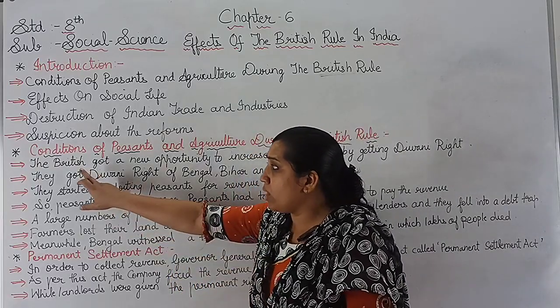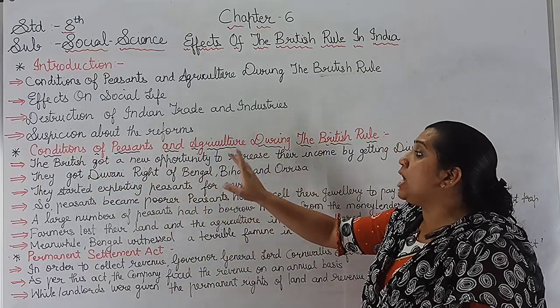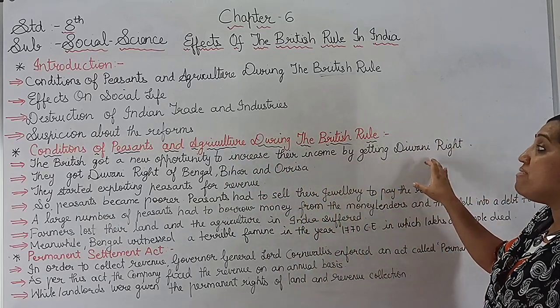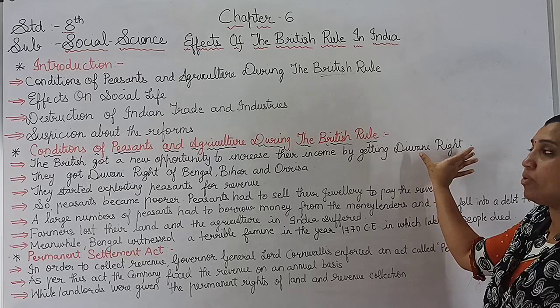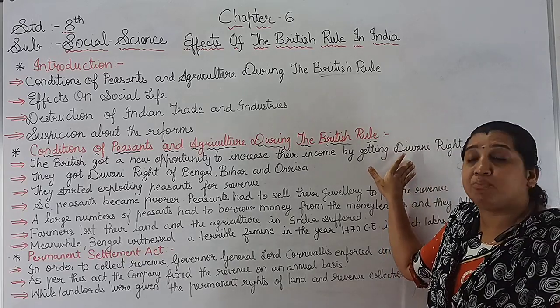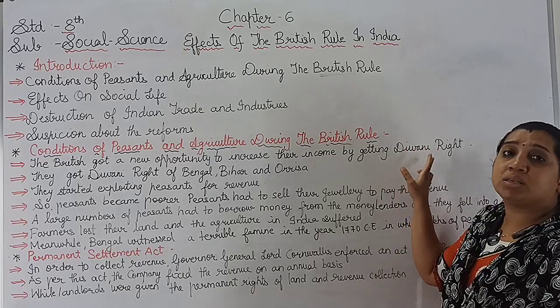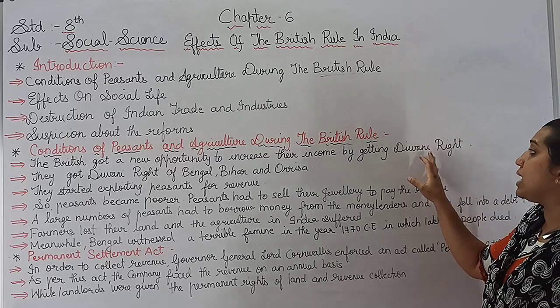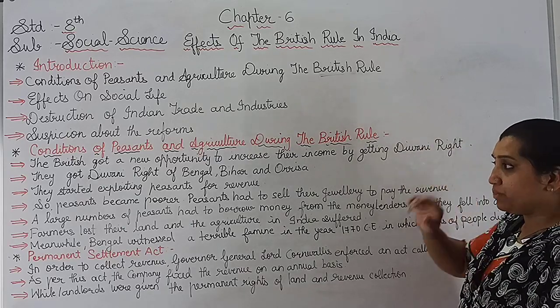So the British got a new opportunity to increase their income by getting Diwani right. That right was introduced after defeating Mir Qasim in the Battle of Buxar, and that was the first policy introduced by the Britishers in our country India, the Diwani right.